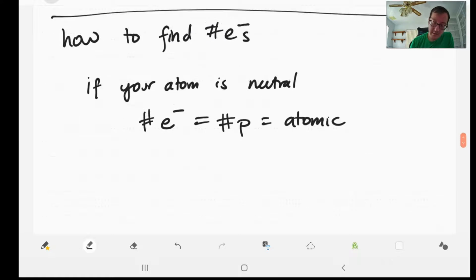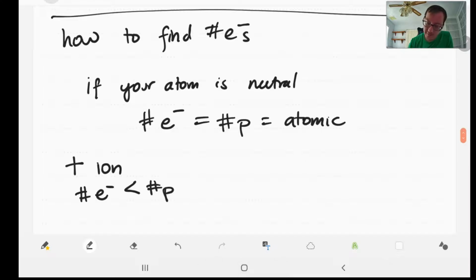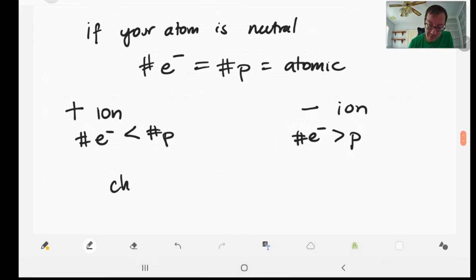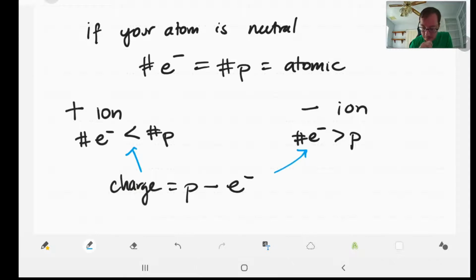If you are a positive ion, the number of electrons is going to be lower than the number of protons. If you are a negative ion, it's going to be bigger, more negatives than positives. But a better way to do it is to just remember that charge is the number of protons minus the number of electrons. So you don't have to worry about this business if you can just calculate the charge this way.